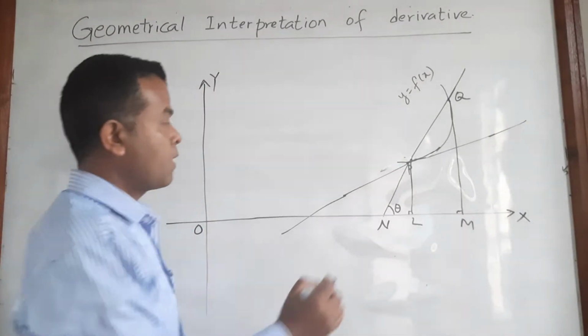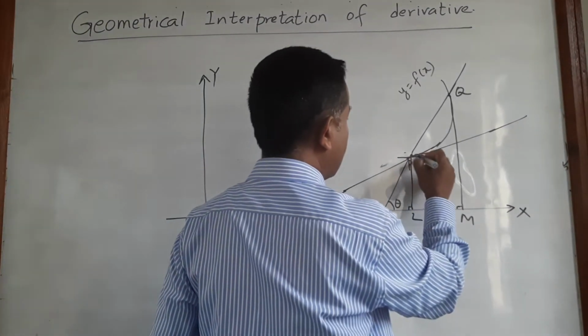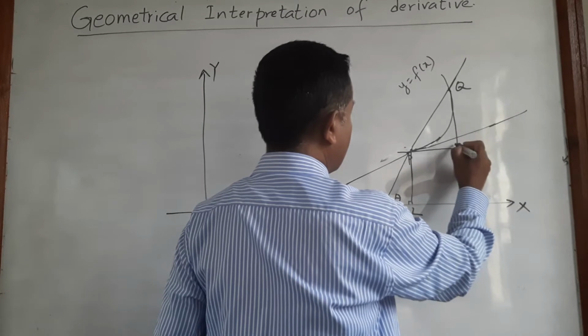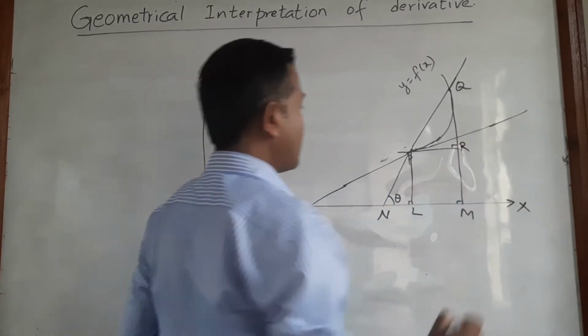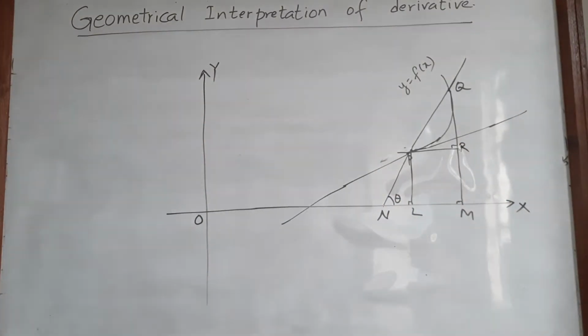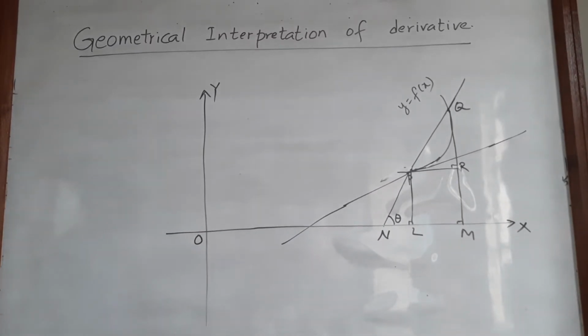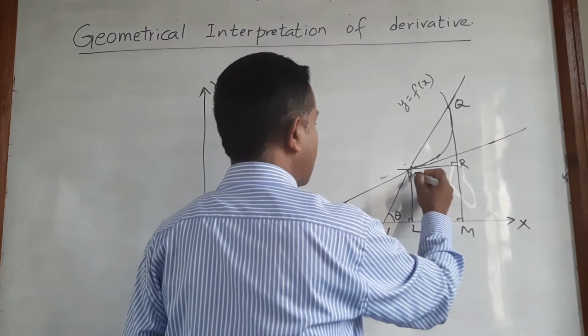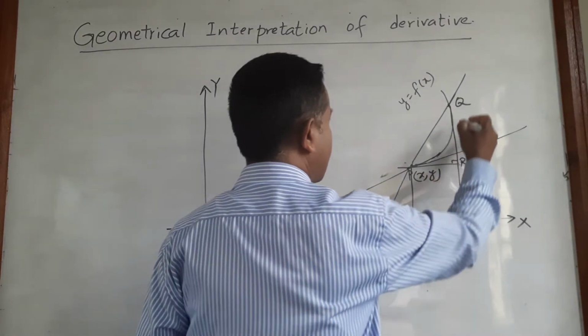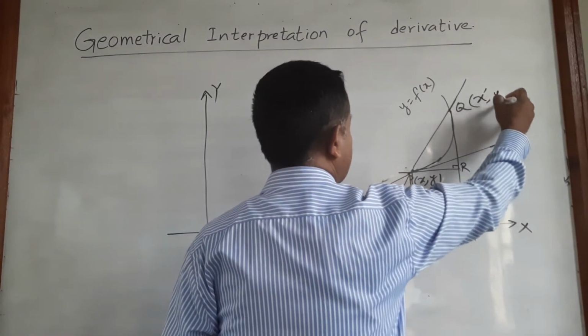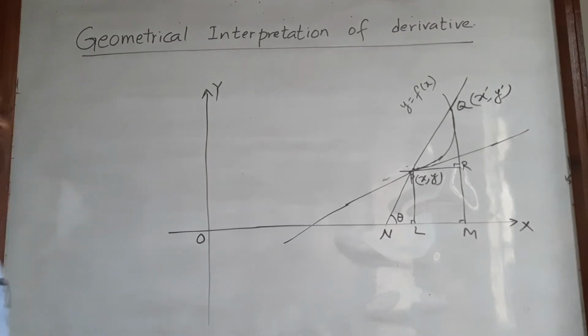Also from P, let us draw PR perpendicular to QM, and let the coordinates of the points P and Q be (x, y) and (x', y') respectively.